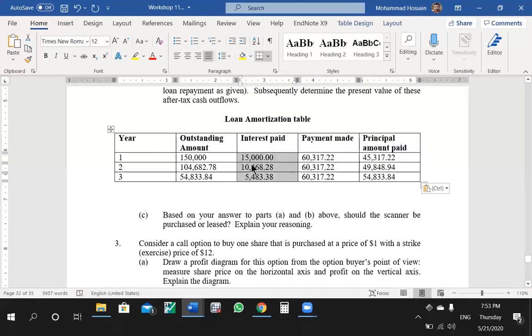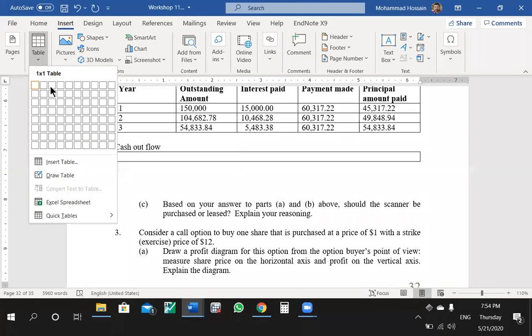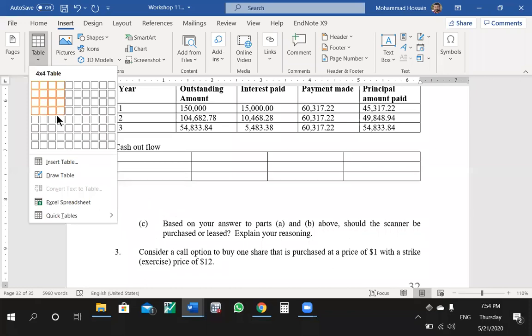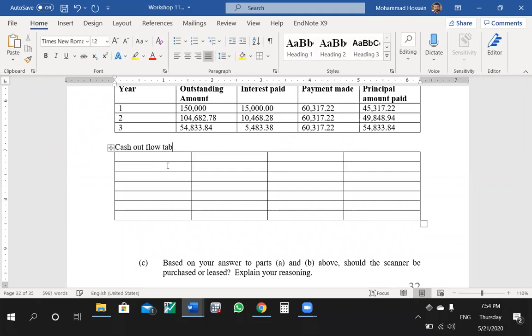Now we're gonna find out how much our cash outflow is. Let's write down the cash outflow table. This is our year 1, year 3.